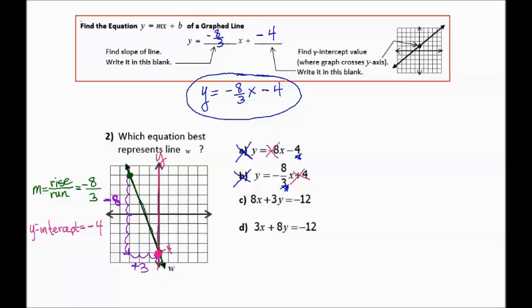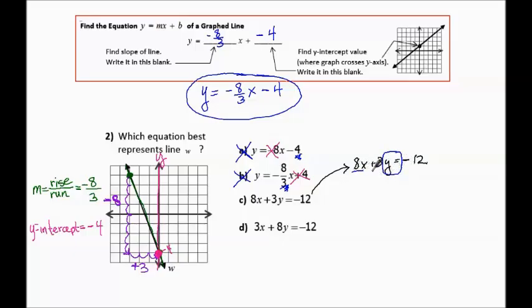In option C, the equation is not given to us in slope-intercept format, so we need to rewrite it. To rewrite it into slope-intercept format, we need to have this y by itself on the left-hand side of the equation, and all these other things need to go away.